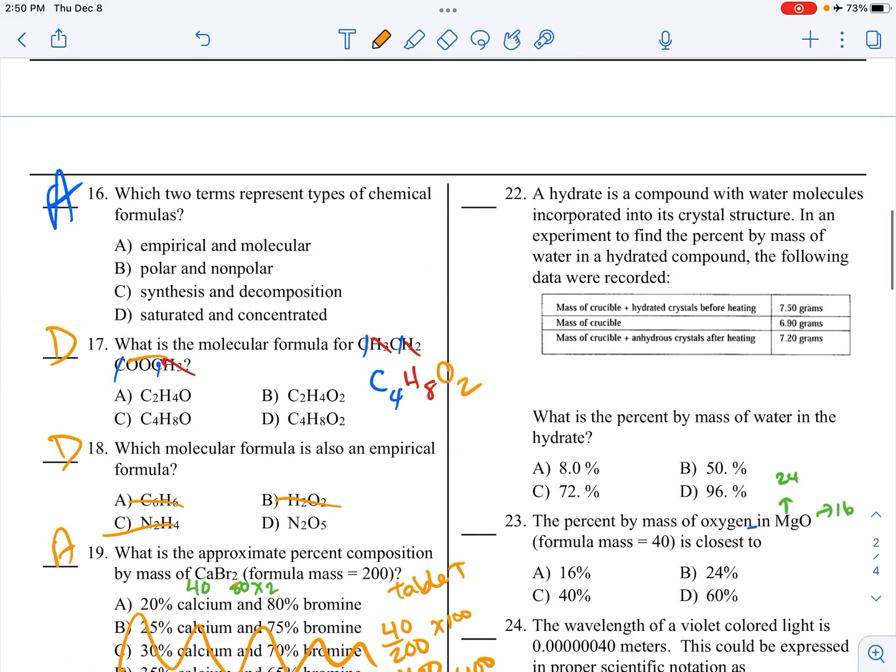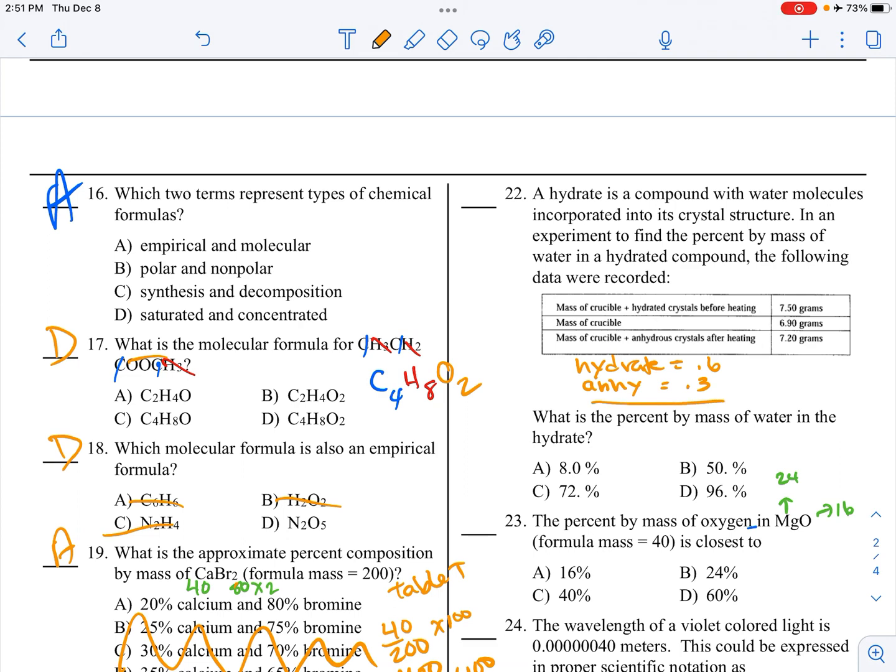A hydrate is a compound with water molecules incorporated into a crystal structure. In an experiment to find the percent by mass of water in a hydrated compound, here we go. So the crucible and the hydrated crystals before heating, you've got your crucible, and then after heating. So 7.5 minus 6.9, so the hydrate is 0.6. 7.20 minus 6.9, so the anhydrate is 0.3.